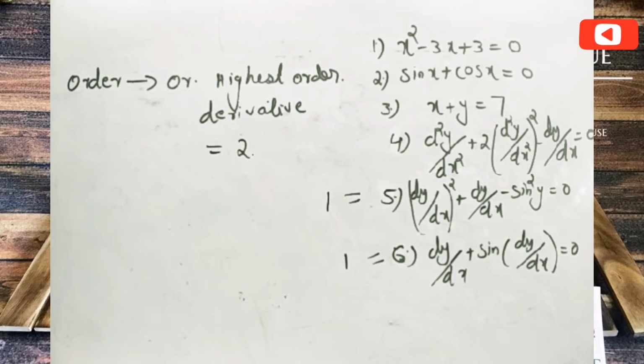So for the fourth equation, the highest order derivative present is d²y/dx², so the order is 2. In the fifth and sixth, we have only terms in dy/dx, so the highest order derivative is 1 and the order is equal to 1.